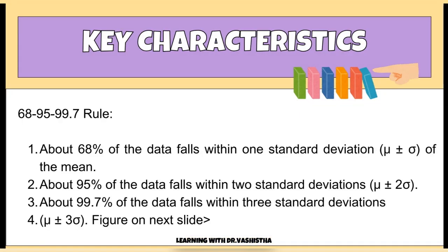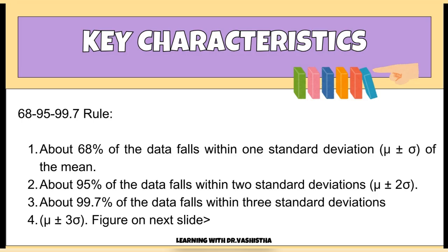and it extends infinitely in both the directions. The next is the 68, 95 and 99.7 rule, where the first, 68, means that about 68% of the data falls within one standard deviation, where mu, the mean, is plus minus one standard deviation. Then 95 means 95% of the data falls within 2 standard deviations, that is mu, or the mean value, plus minus 2 standard deviations.